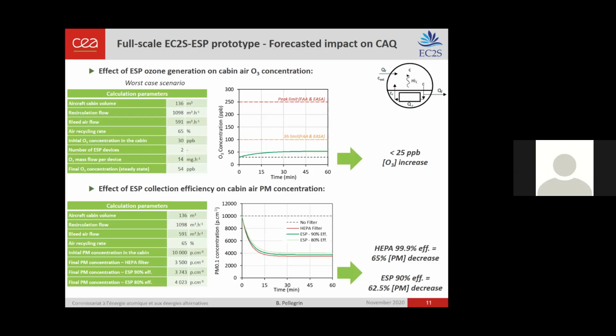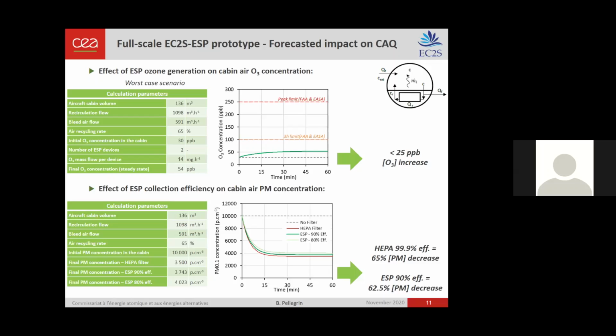And we also compared the influence of the electrostatic precipitator with an assumed 90% efficiency to an EPA filter with a 99.9% efficiency.